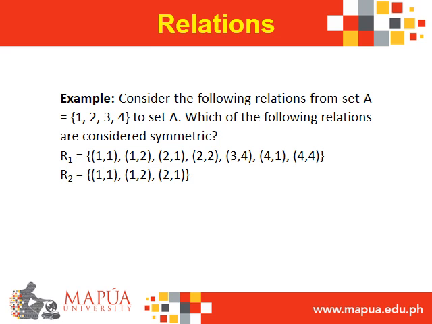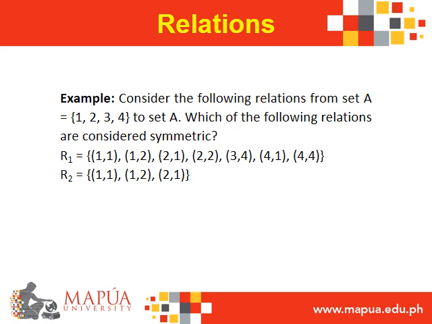If you look at R2, R2 now is symmetric because R2 contains 1, 2, and it also contains 2, 1. The ordered pair 1, 1 in itself is already symmetric since A is equal to 1 and B likewise is equal to 1. Therefore, the ordered pair 1, 1 may appear as A, B, or it may appear as B, A. R3 then is symmetric.